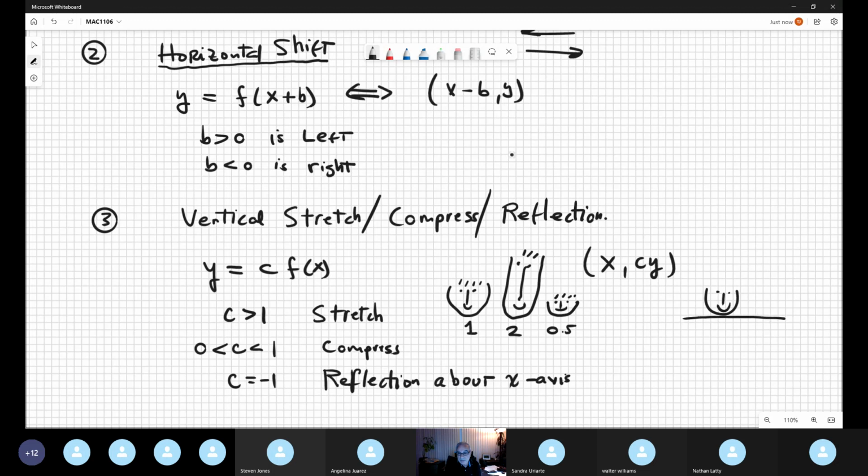This is the x-axis. And my new happy face after the reflection is like that. So the x-axis behaves like a mirror, and the new transformation is the image of this. Make sense?